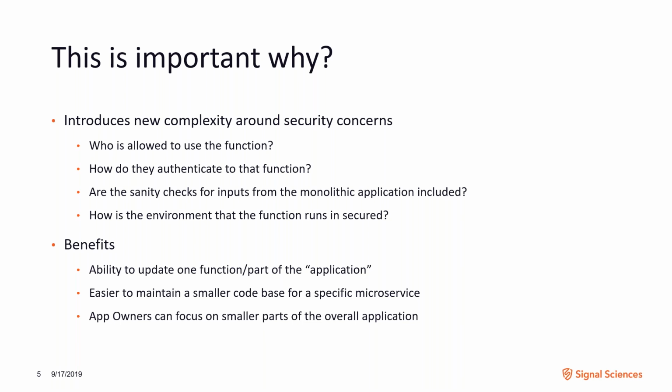You have to think about how is the container itself configured, which is effectively the OS. How is the host for the Docker that's running the container configured? If this is part of Kubernetes, are the APIs locked down? Do you have role-based access control configured? And that whole model has changed.